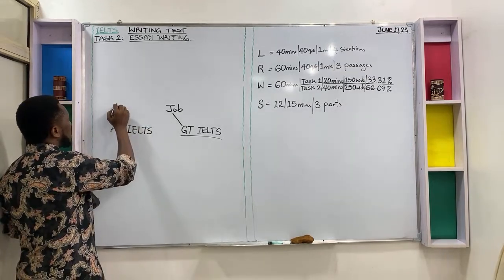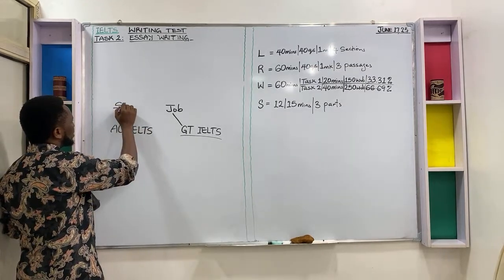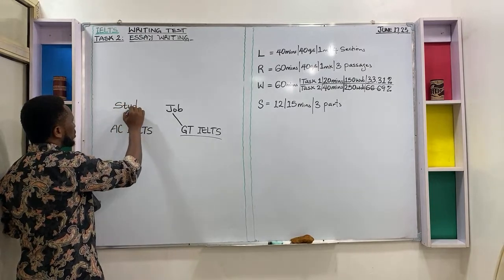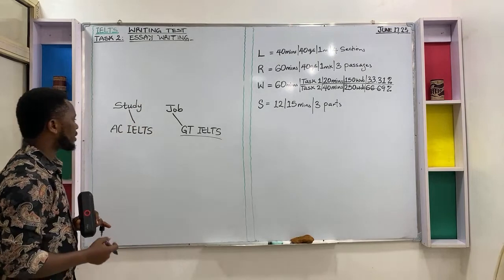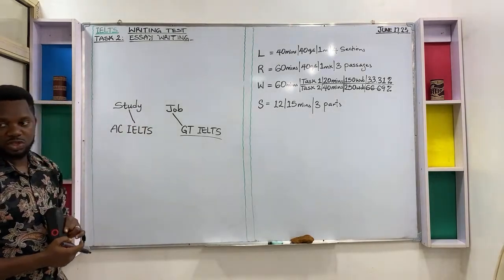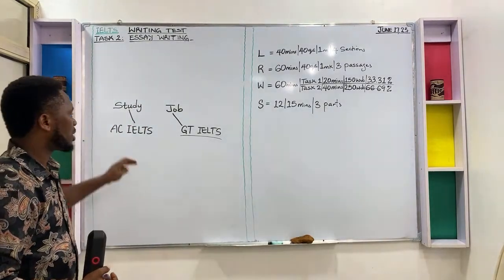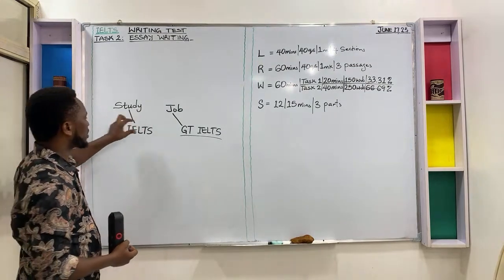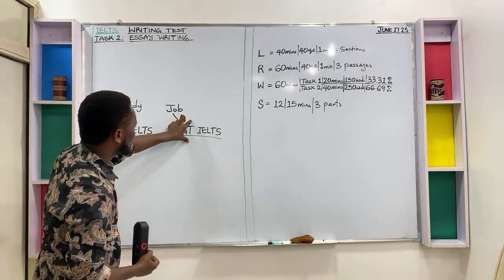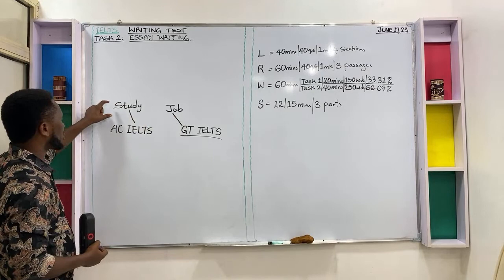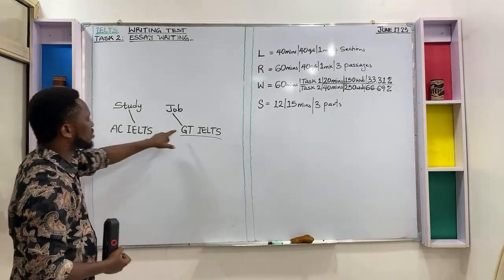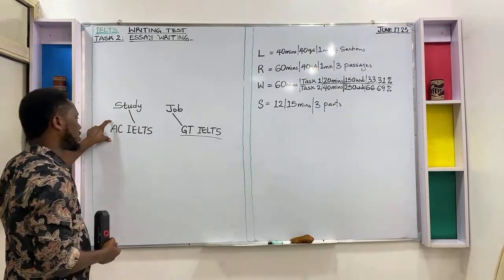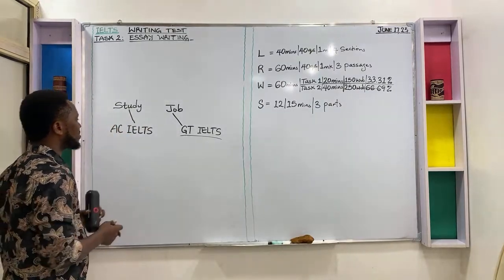Now, if you want to apply for study, what you write is the academic IELTS. You understand? So, if you want to work and you're not a nurse, this is what you have to write. If you're applying to study abroad, this is what you have to write. If you're a nurse, you don't write this, rather, you write this. So these are the different aspects.